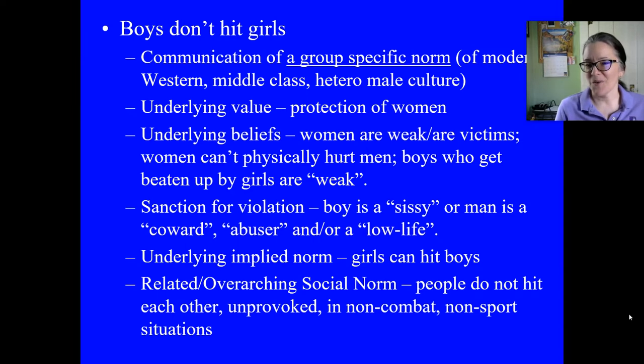So we value not interfering with each other socially, but you see how in specific cultural contexts you get smaller norms derived from this larger norm. And this might be a universal. I don't know if there are cultures where this particularly gendered norm wouldn't exist.